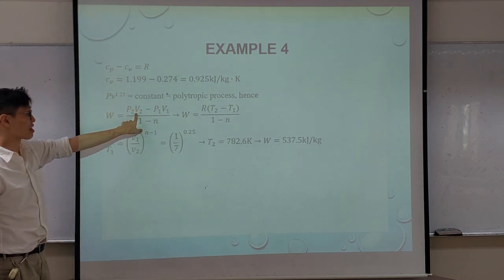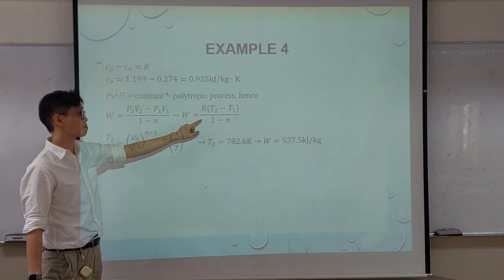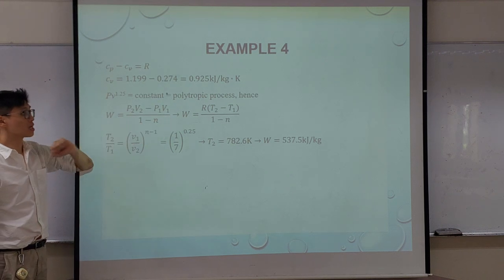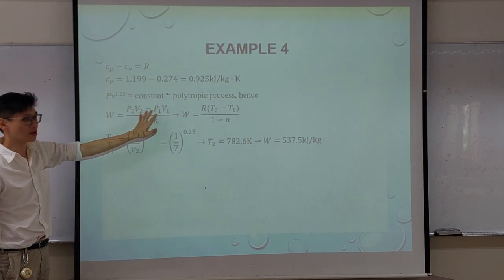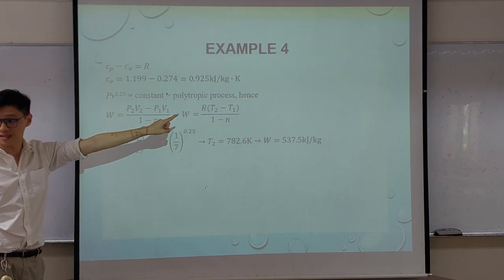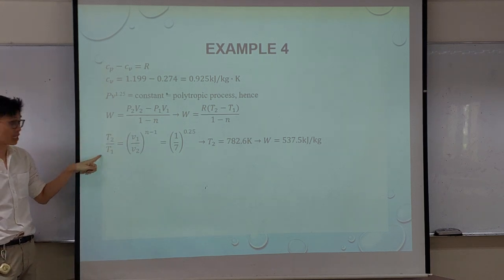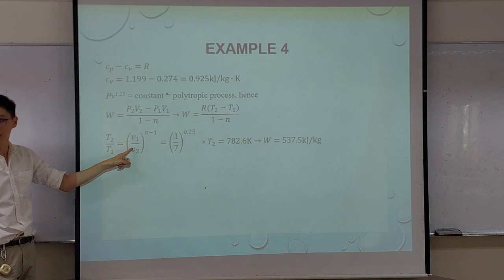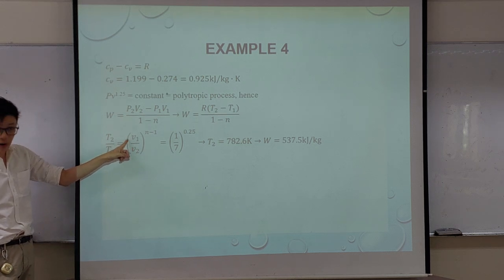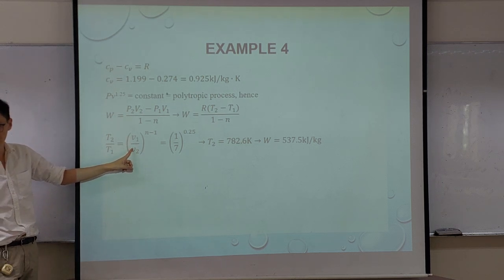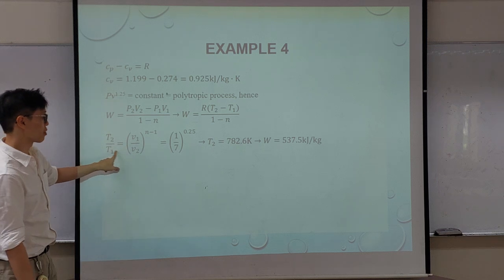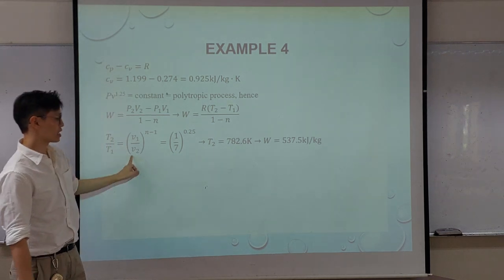So you can use this equation. In this case, you can replace the PV with RT because you don't have PV, to find the work. And then, as mentioned just now, you can use the isentropic equation, the volume version. The one that you have been using so far is the pressure version. This is the volume one. Same way of using. Then you can calculate T2.